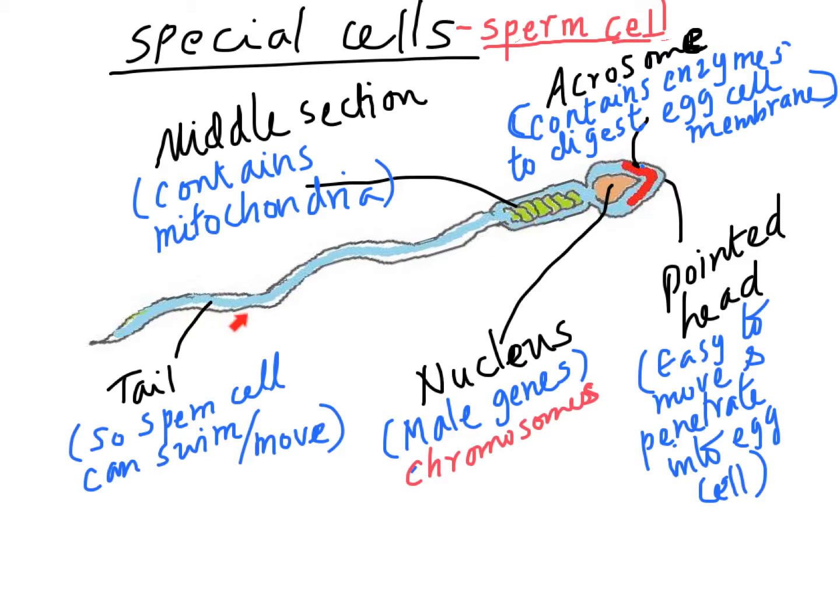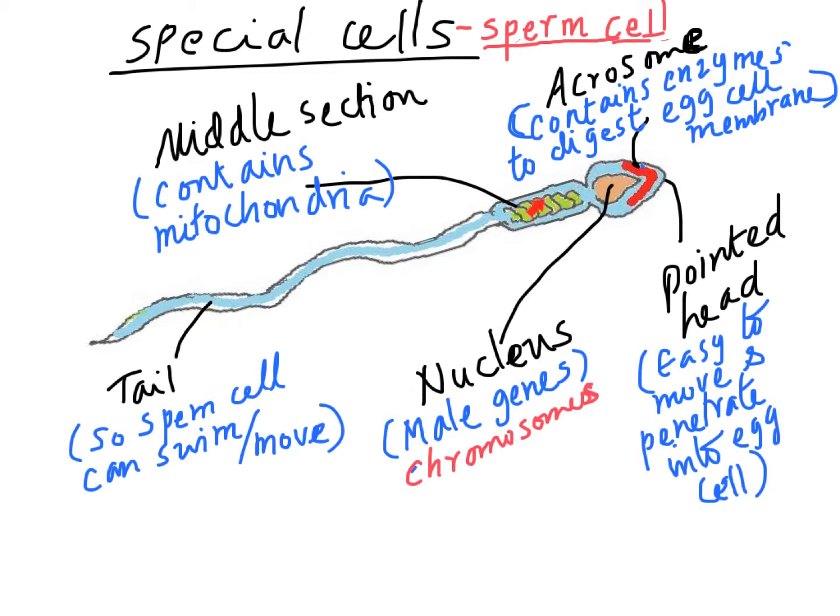And the tail helps it to move and swim to the egg cell. So it has some distance to cover, and this is one of the few cells that can move in a human body by itself.